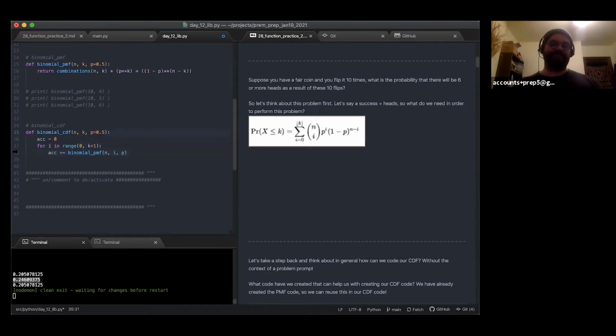We'll pass n and p directly into binomial_pmf, those just get passed through. Then we'll use k as the limit for the range of the for loop, and we'll pass in i where we would have passed in k for the PMF. And then after we're all done, return acc.